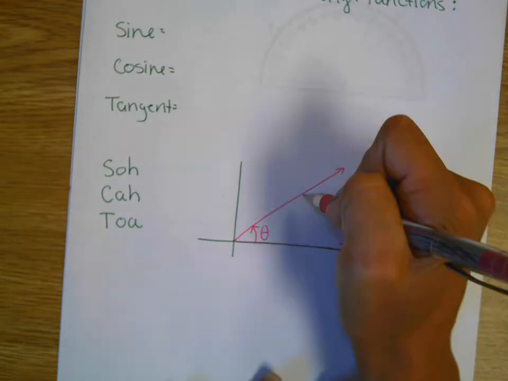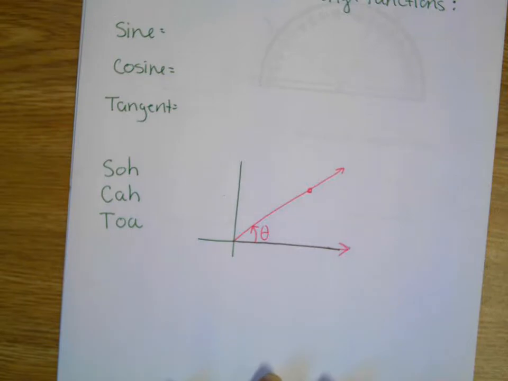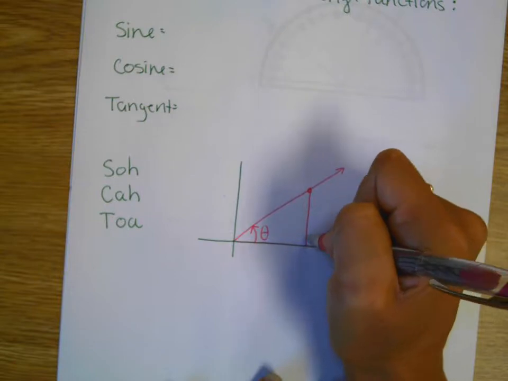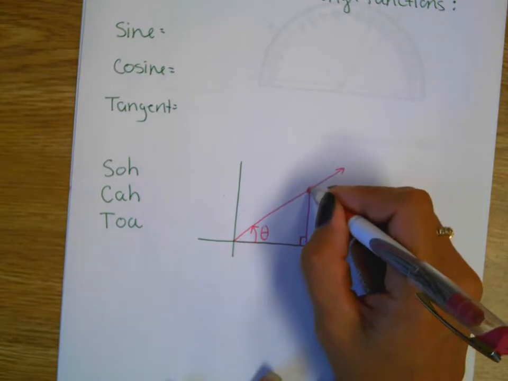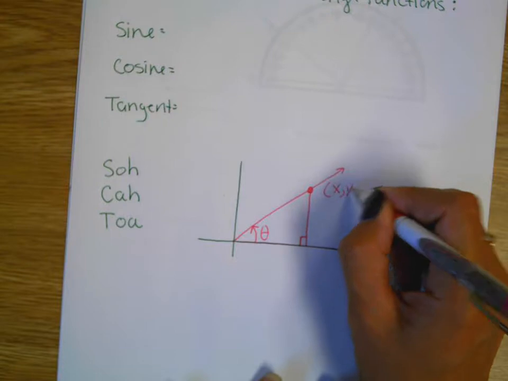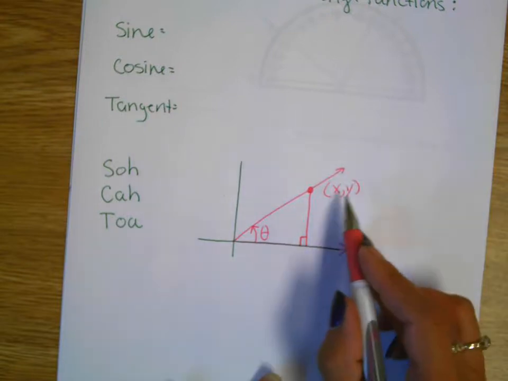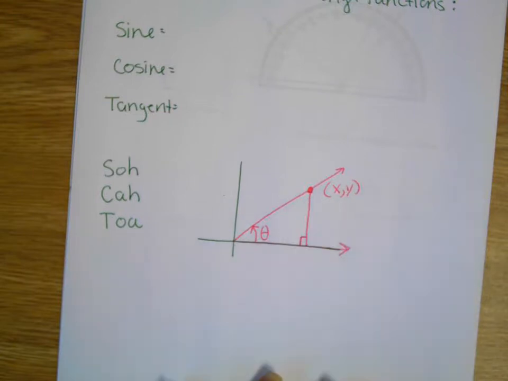Then we're going to take a point on that ray, drop vertically straight down, and make a nice right triangle. If we know this ordered pair, it has an x value and a y value. The x and y values give us the lengths of the two legs of our triangle.